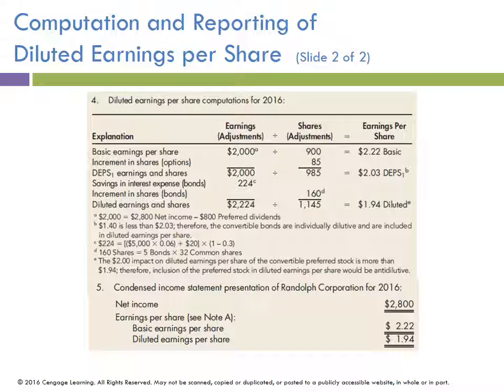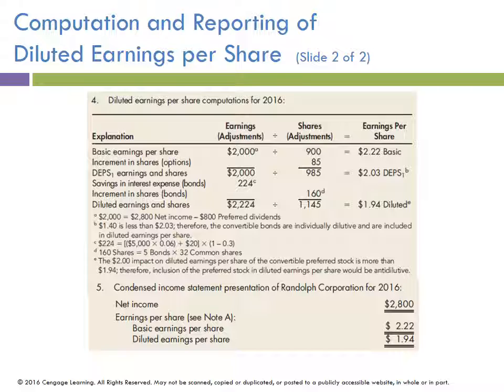Now, the next thing we do is determine the impact of our most dilutive item, the convertible bonds or preferred stock. We start with ranking 1. The savings in interest, remember, would be added in our numerator for the convertible bonds, $224.